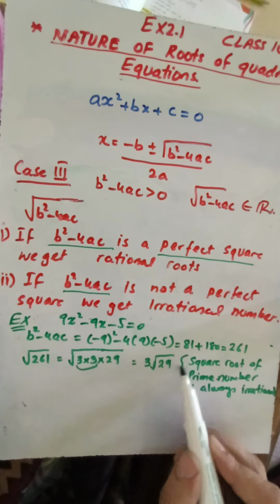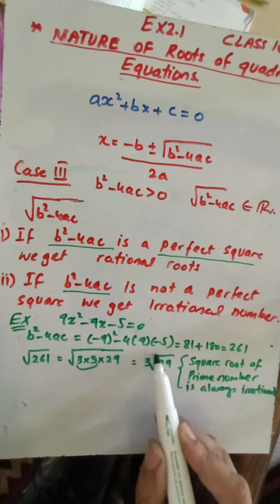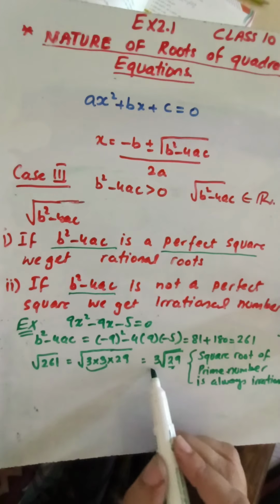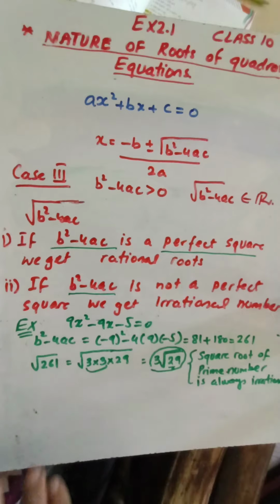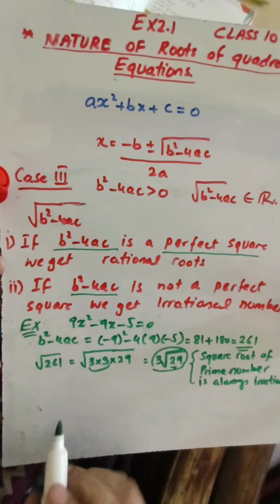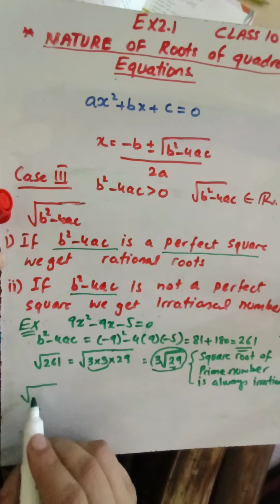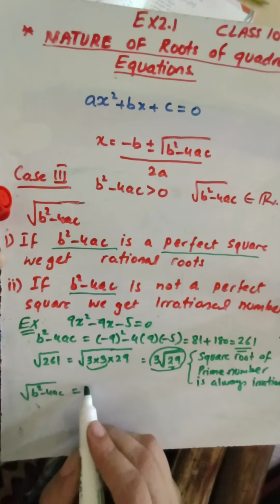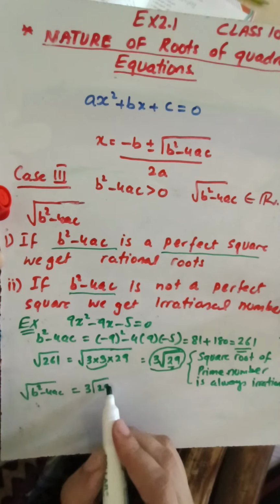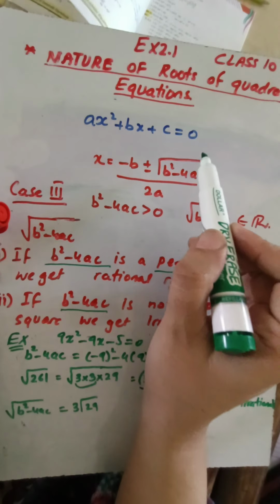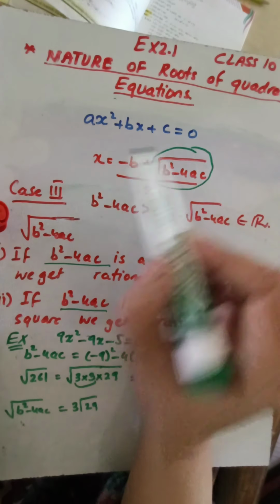So just remember that whenever you get a prime number under the square root, it will always give you an irrational number. So you are getting here an irrational number. It means that the discriminant is 261 and its square root is equal to 3 under root 29, which is irrational. So it means that this portion of the formula is irrational.